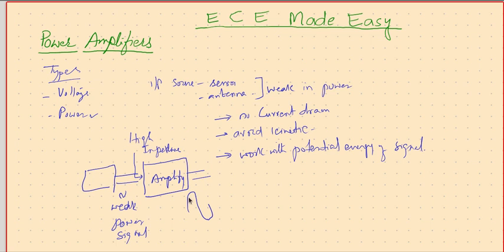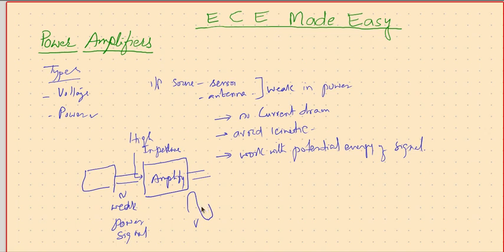But the problem is here only the voltage gets amplified, and we are not sure what the status of the current is. And if you want a high power, then both voltage as well as current should be available.